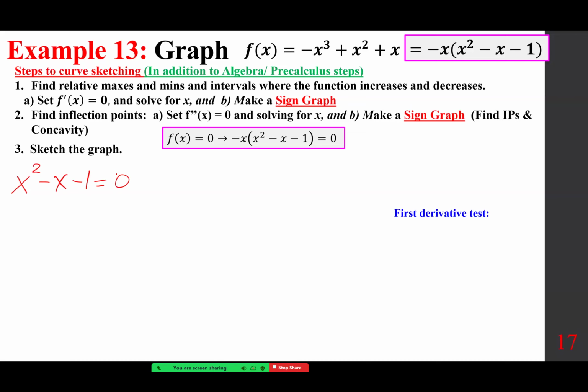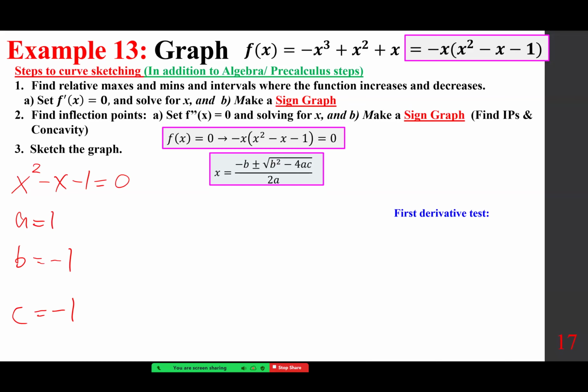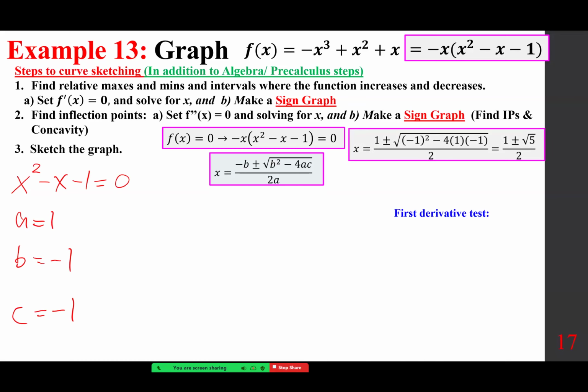To answer that, I need the quadratic formula, x equals minus b, plus minus the square root of b squared minus 4ac, over 2a. So a is 1, b is negative 1, c is negative 1. And here are the answers.